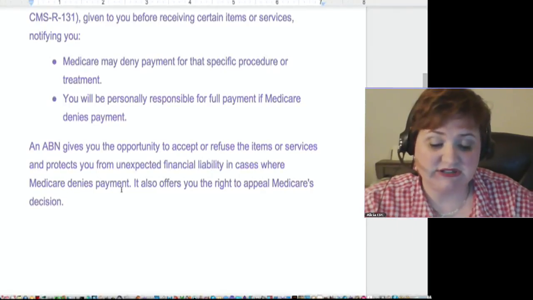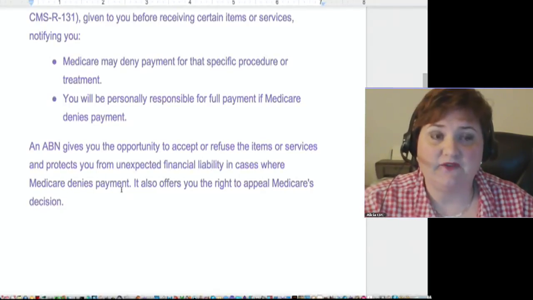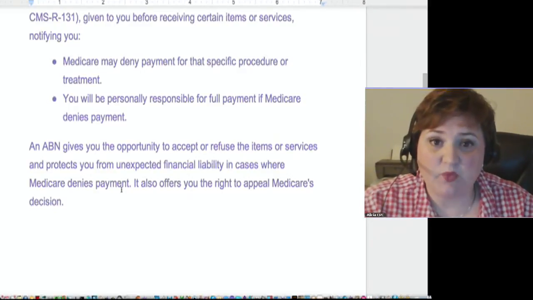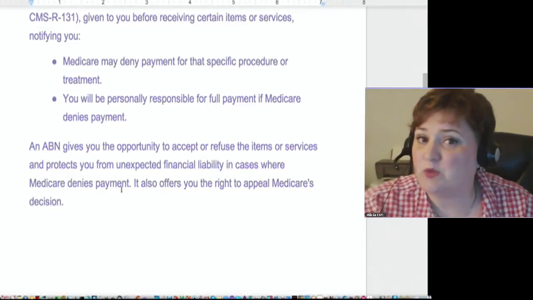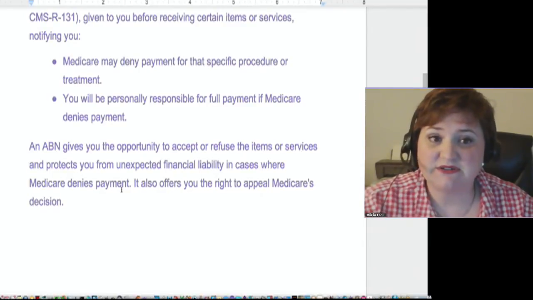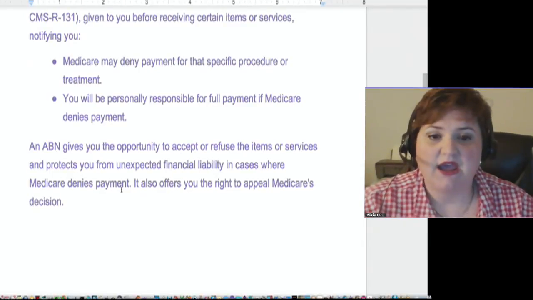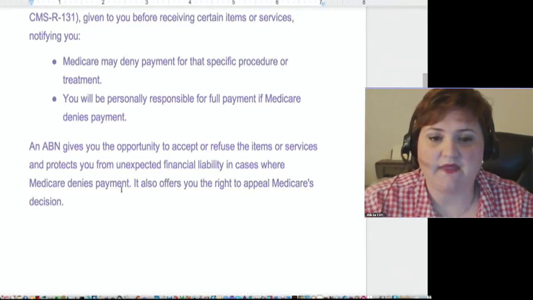You need to tell the patient that if you don't sign the ABN, that's fine. It's up to you. But let's let the doctor know that you're not going to sign, because he needs to be aware. There was a reason why he wanted this treatment or procedure to be done, and you may want to talk to him about that.